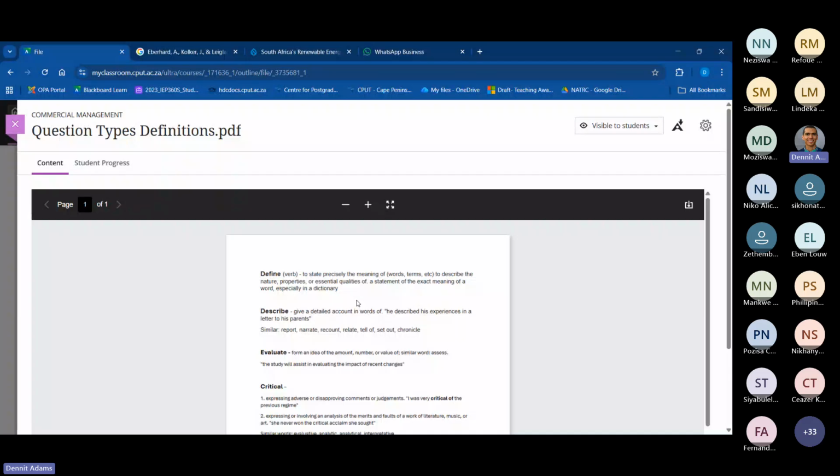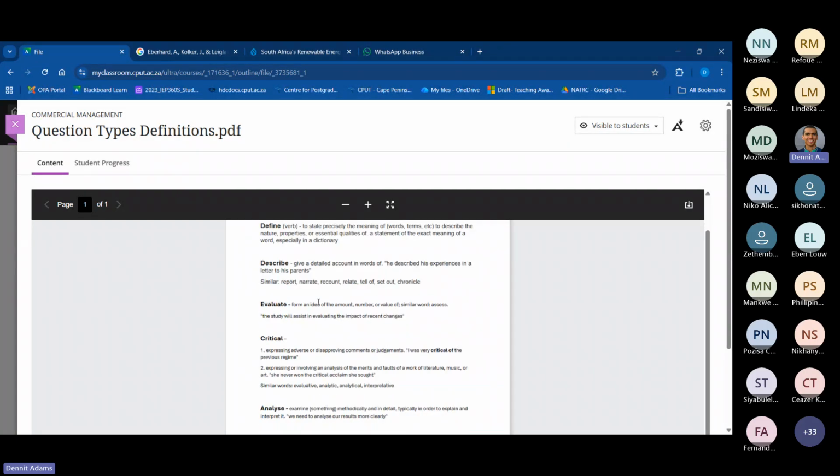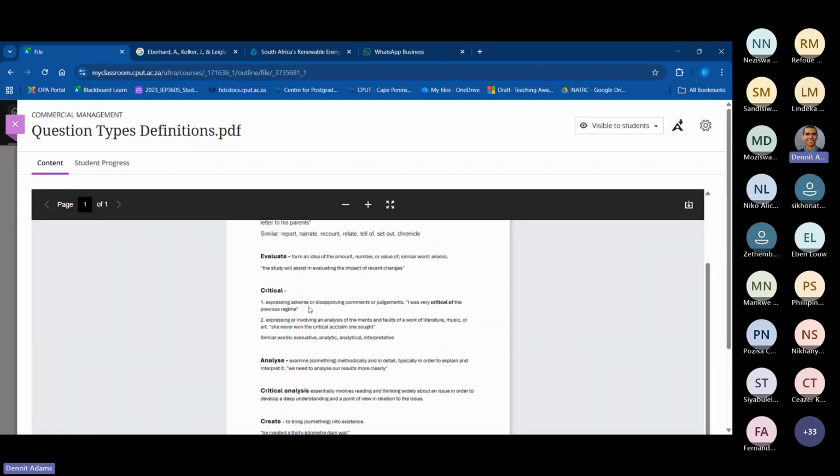So if I say in the test, define, you should know, it's a verb. You are to state precisely the meaning of words or terms, to describe the nature, properties, or essential qualities of a statement, of the exact meaning of the word, especially in a dictionary. Describe, evaluate. Now I'm going to focus on these two here, critical and analyze.